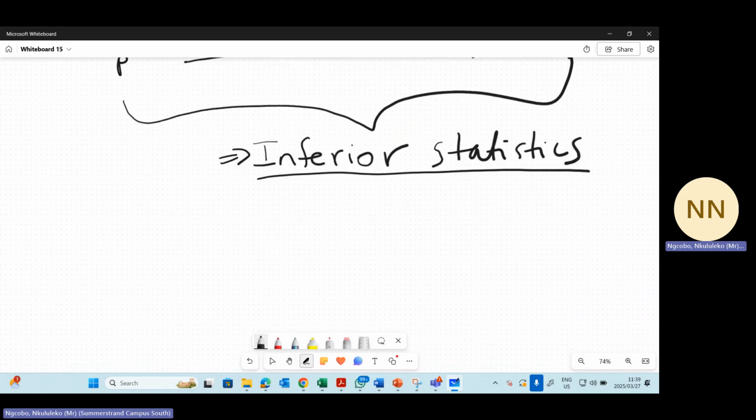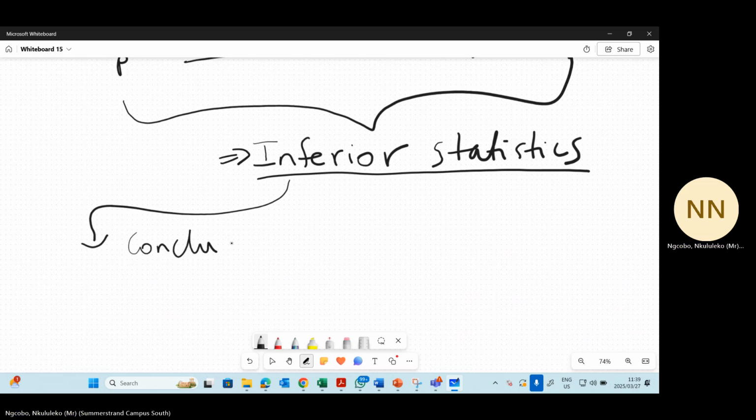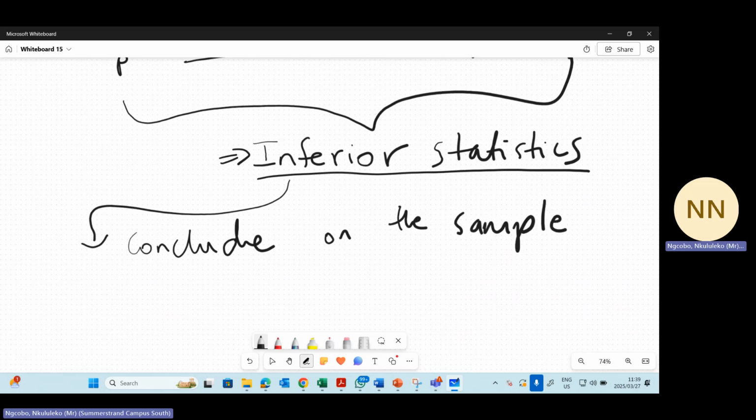What is inferential statistics? It is a situation where you want to conclude on the population, given a sample.